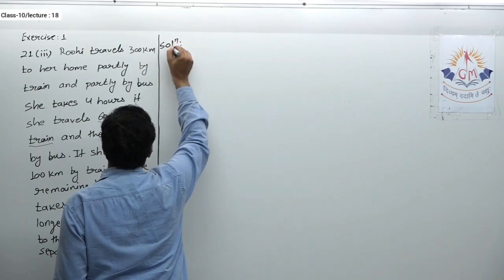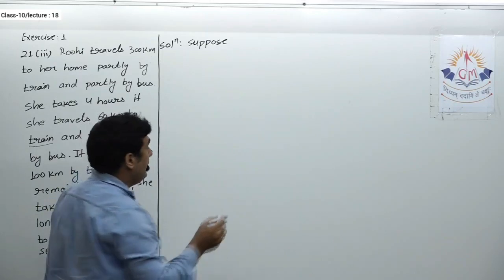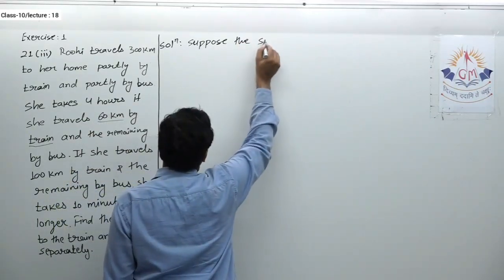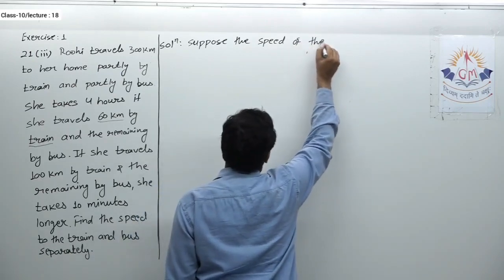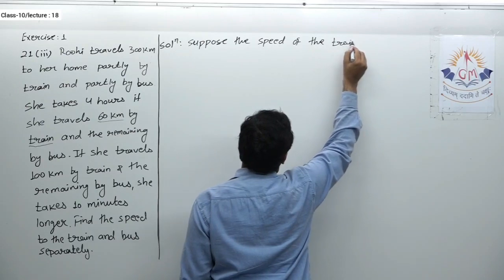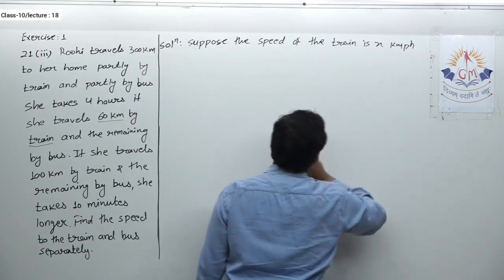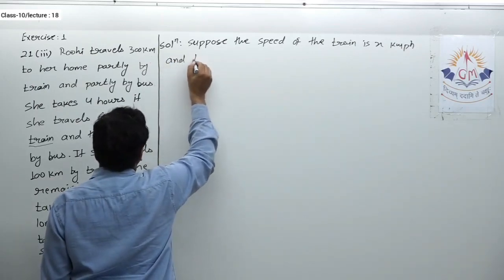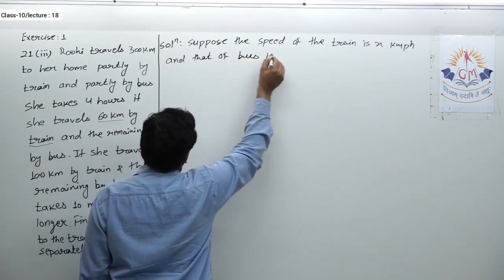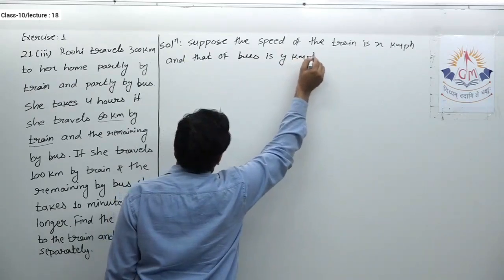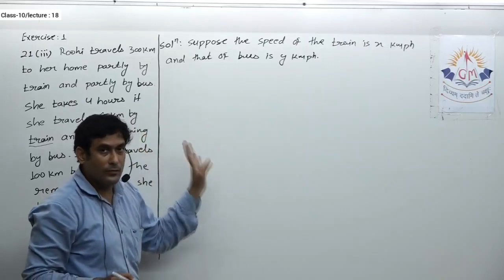Suppose the speed of the train is x kilometers per hour and that of the bus is y kilometers per hour.